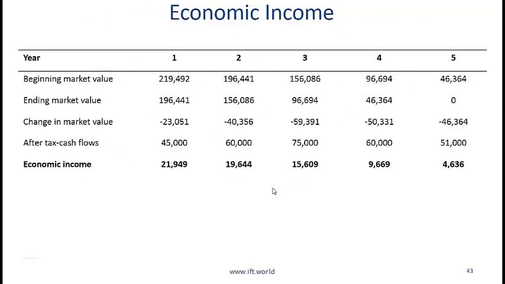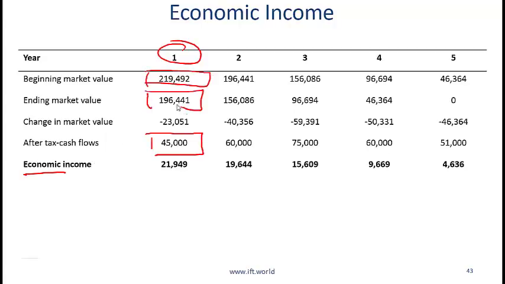This is a scenario from the curriculum which has somewhat complicated numbers, but the concept is exactly what I talked about. What is the economic income for year 1? How do you do this? You look at the after-tax cash flows and you look at the change in market value. So this is the beginning market value, end market value.